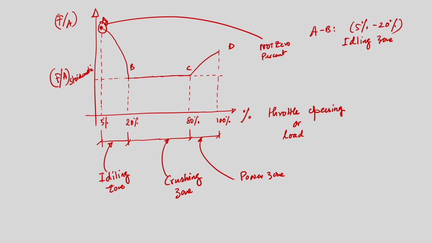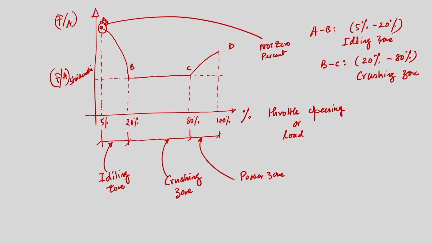B to C, that is 20% to 80%, that is the cruising zone. Most of the time the engine operates in this zone. We can see from the figure that the supplied fuel air ratio to the engine is the stoichiometric one, as if the engine is running at its designed load.